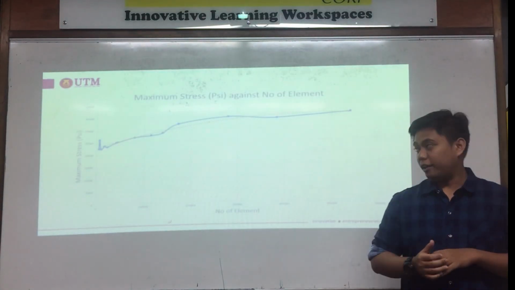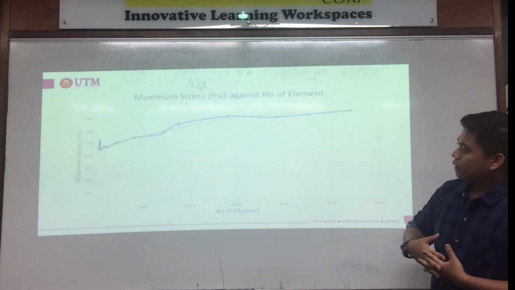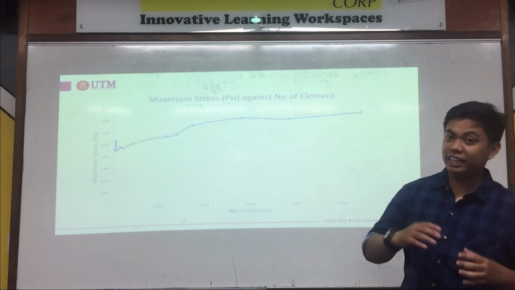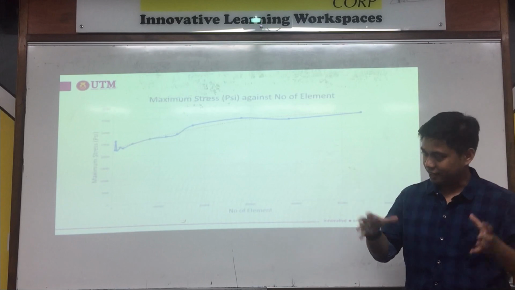Okay, from the data tabulated just now, we can plot the graph here. So basically, we plot the graph of maximum stress against number of element. Let's continue. After we get the data, then we have to plot the data to analyze the data.